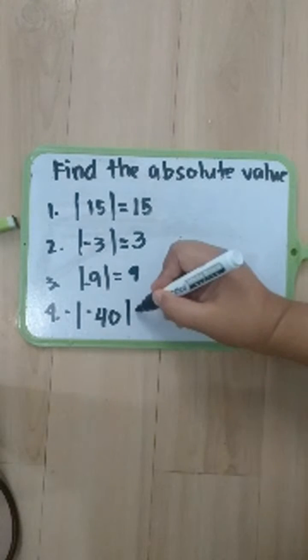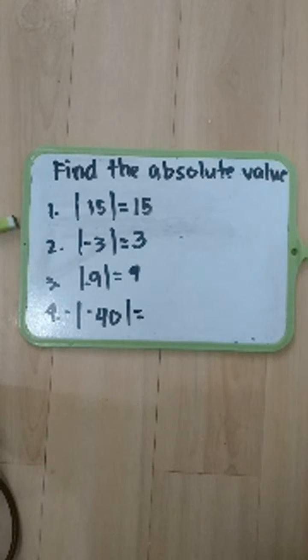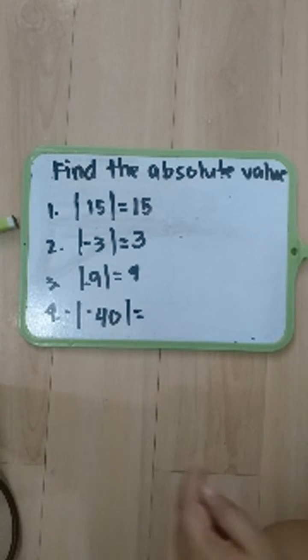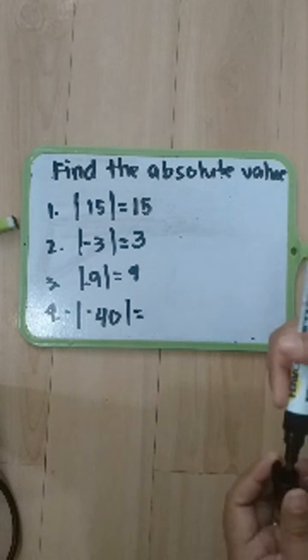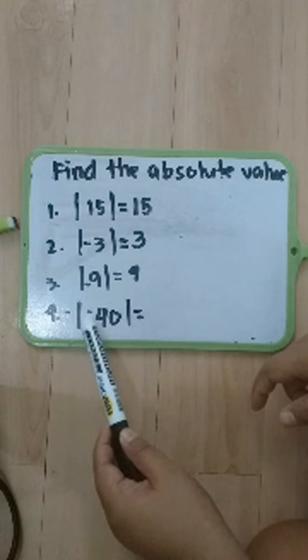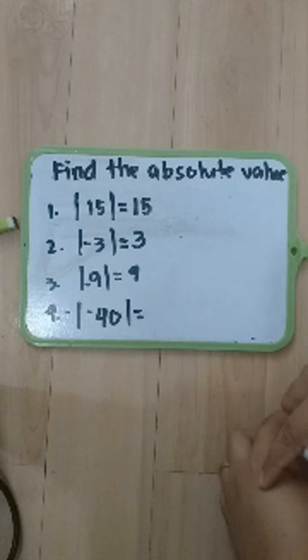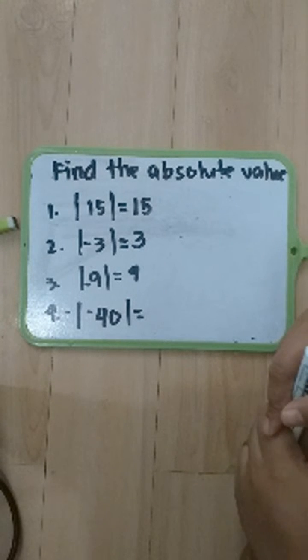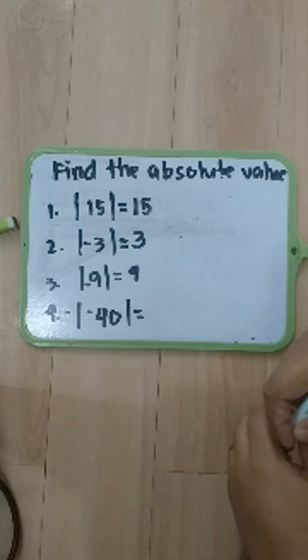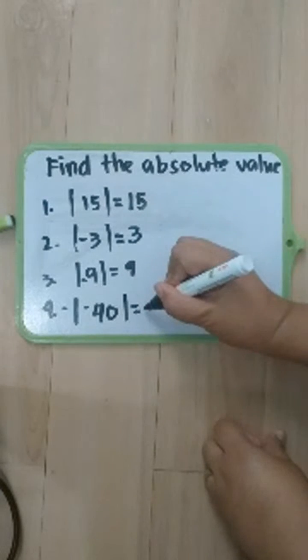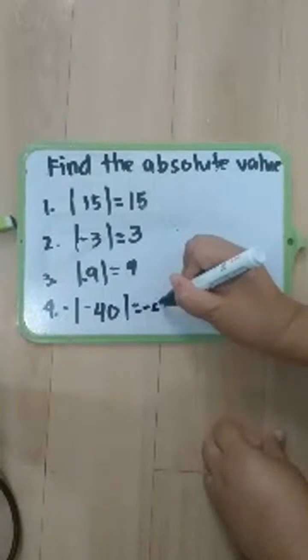For number 4, we have negative absolute value of negative 40. Absolute value of negative 40. The correct answer is negative 40.